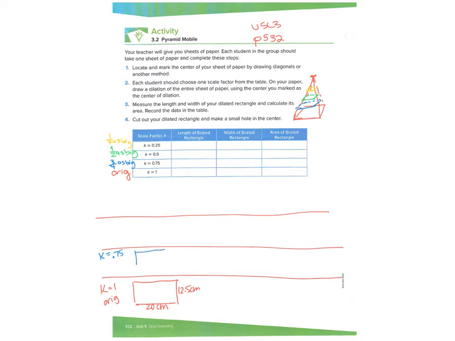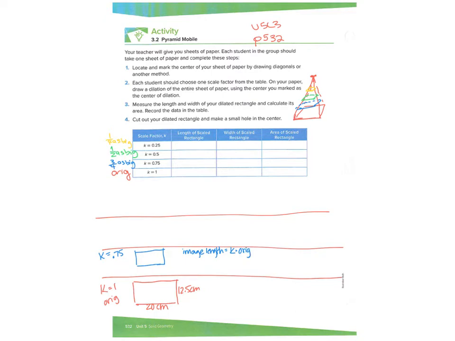And so for my new blue one, I can find its measurements using the fact that we learned earlier this year that my image length, or a side length, the new length, is equal to the scale factor times the original. So I'm going to use that here.